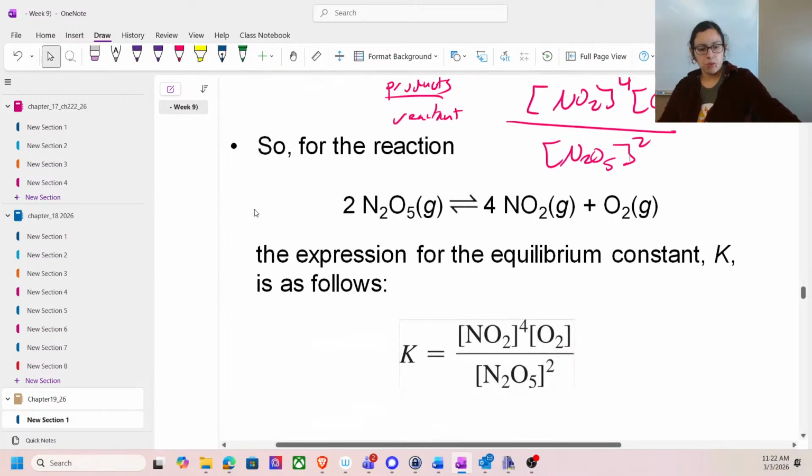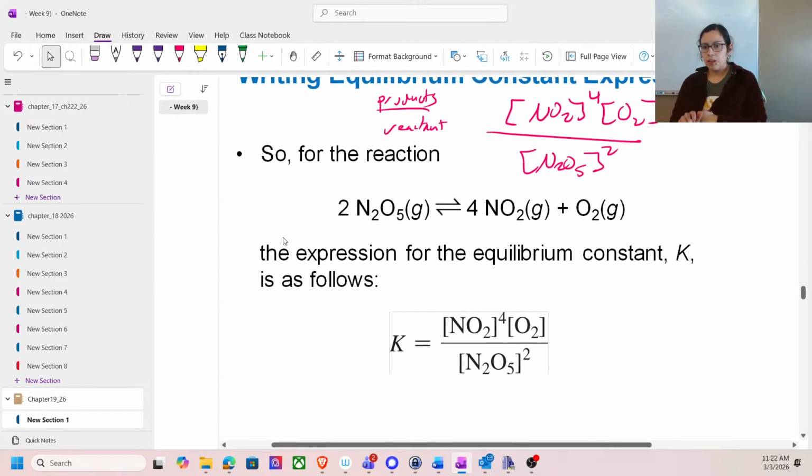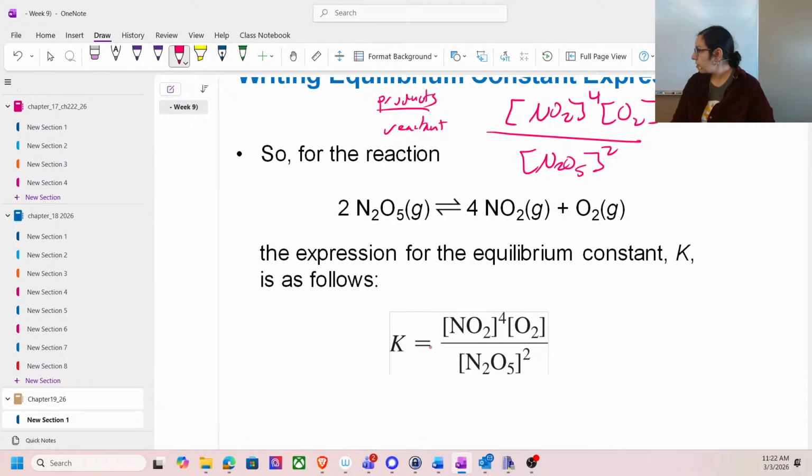And then we can just scroll down. Again, just double check your expression. So again, that's just our equilibrium constant, right? Expressing our ratio essentially of products over reactants.